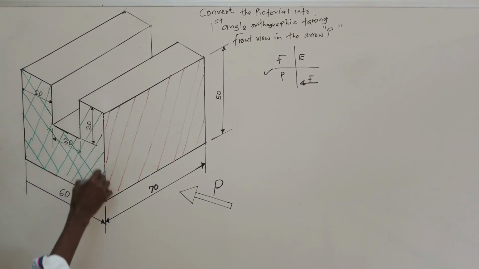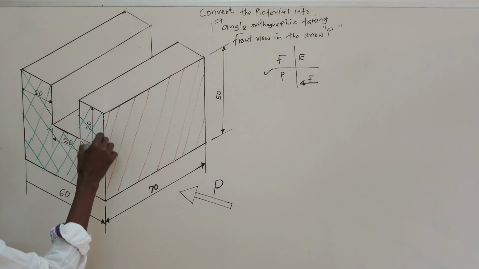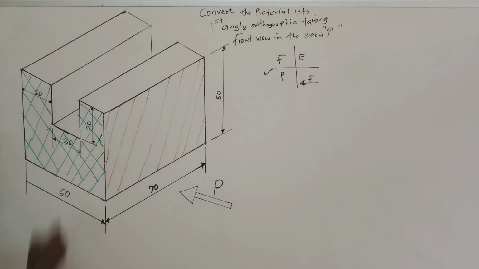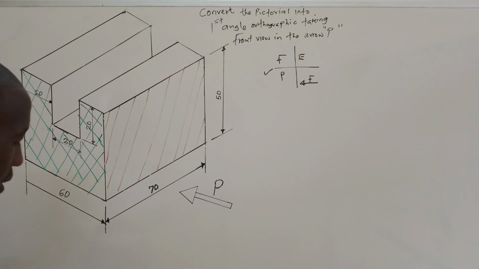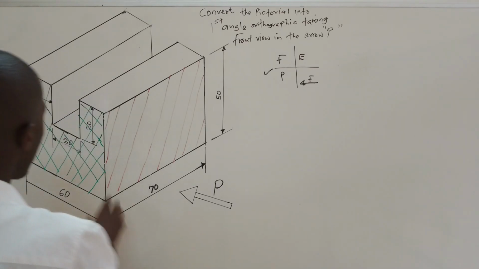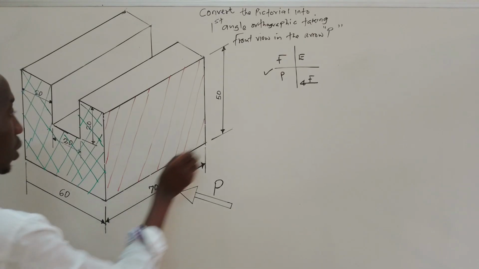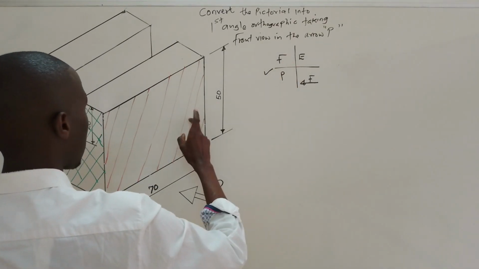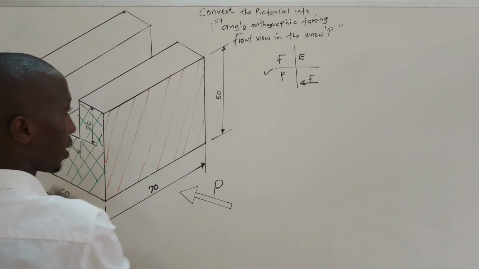So this one will be my end elevation. I've gotten the end elevation and the front elevation: the front elevation is this one, and the end elevation is this one.